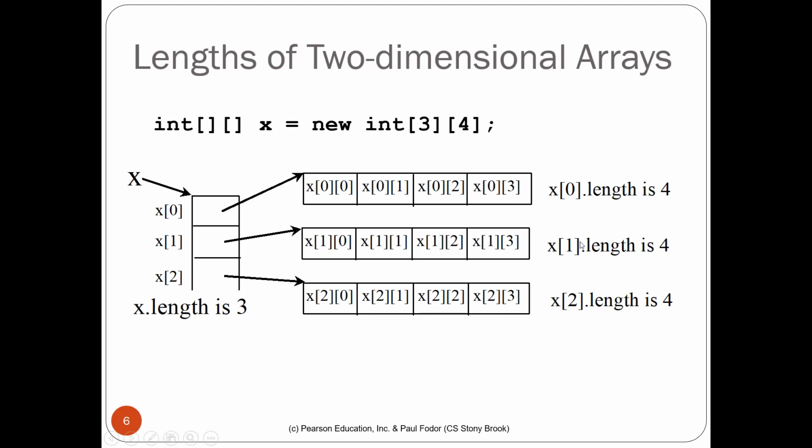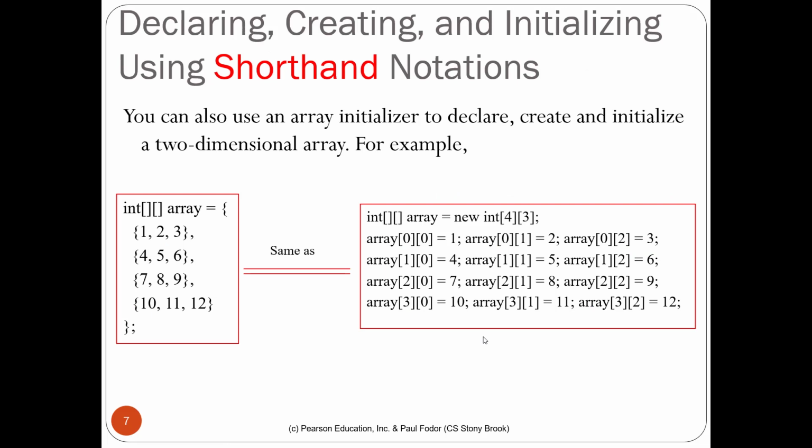Now if you say x[1].length, you are interested in the number of columns in your second row, which again is 4 here. And when you do x[2].length, again you should get 4 because you have 4 columns in the third row as well. Great.